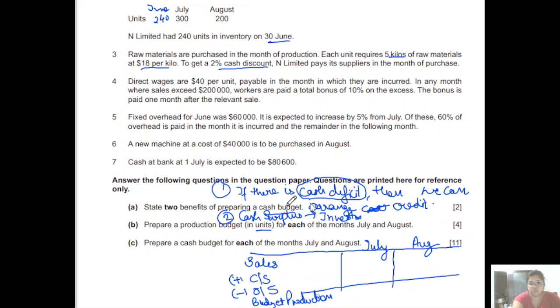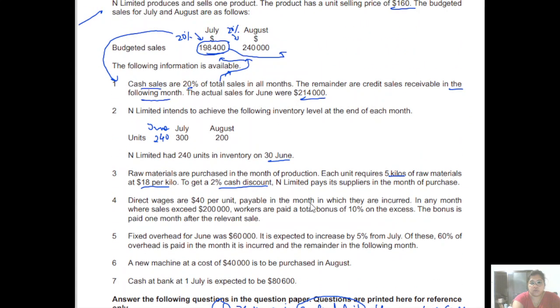Let's move towards the detail of sales. This is the budgeted sales. But here the problem is this amount is in dollars, and in the production budget you need to find out the units. So the selling price is 160.